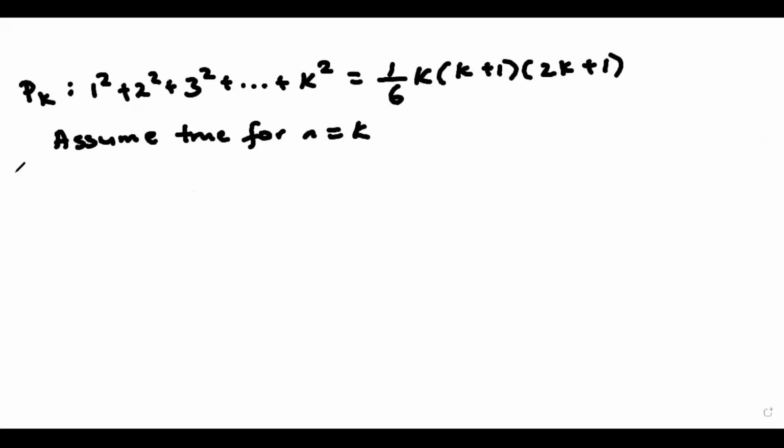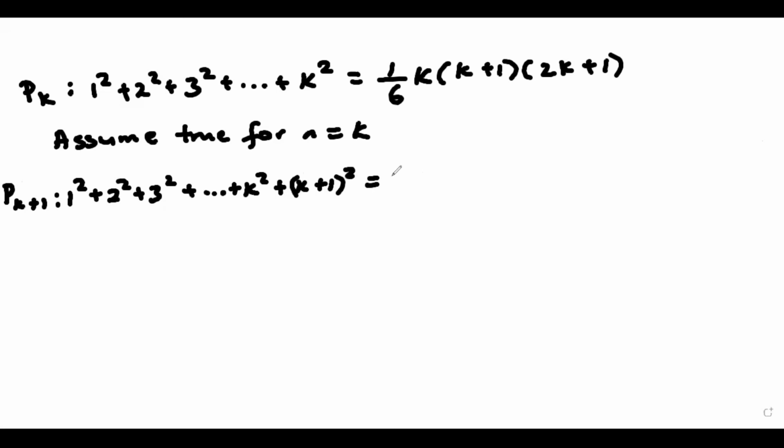So now we're going to have our induction hypothesis. So that's p k plus 1. That's 1 squared plus 2 squared plus 3 squared plus ... plus k squared plus k plus 1 squared is equal to 1 over 6 k plus 1, k plus 1 plus 1, 2k plus 1 plus 1.